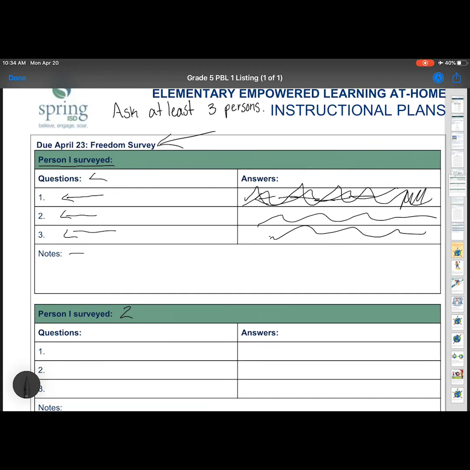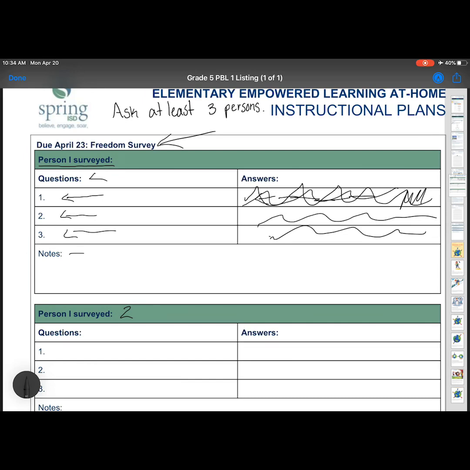Like you might be able to say, this person that I asked maybe served in the military, or this person has been to jail, or this person comes from a country where he or she didn't have freedoms. Or you can just say that when I was asking these questions, this person cried, or this person got emotional. And guys, you don't have to write down their names.